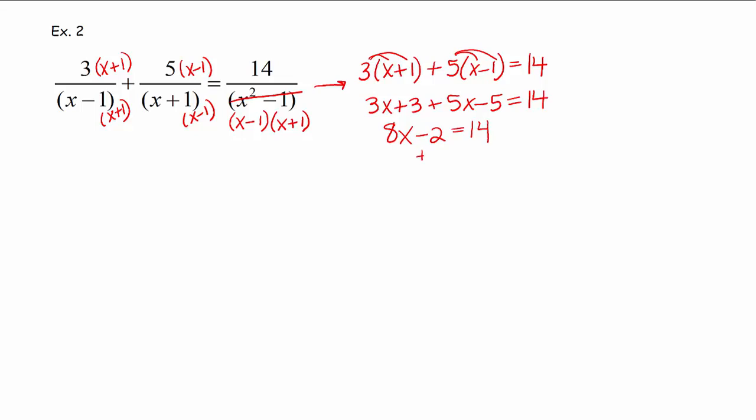And then we'll solve for x by adding 2 to both sides, and then dividing by 8 on both sides. And before we circle, we just consider if 2 could be an extraneous solution. Does 2 make any of the denominators 0? Nope. So 2 is a good answer. Let's try another problem.